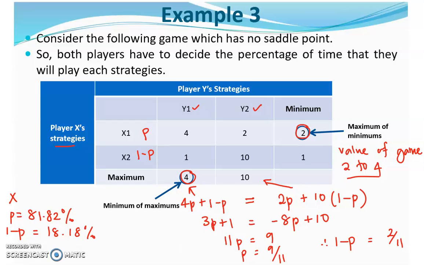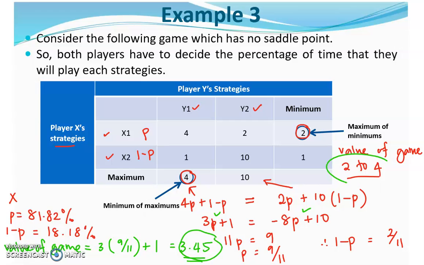That means throughout the game, player X will adopt strategy 1 for 81.82% of the time and strategy 2 for 18.18%. Now if we try to find the value of the game, we just substitute the value of P into either equation. Just substitute with P. So in this case, the value of the game is 3.45. You can see that this value is actually somewhere between 2 and 4.